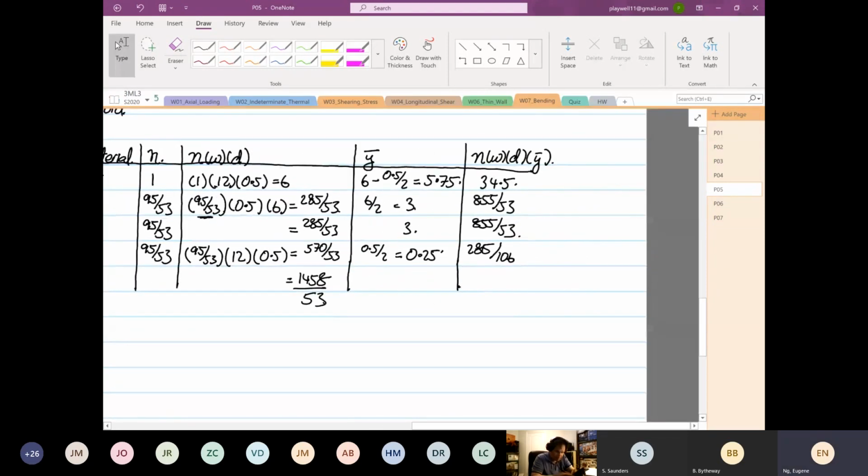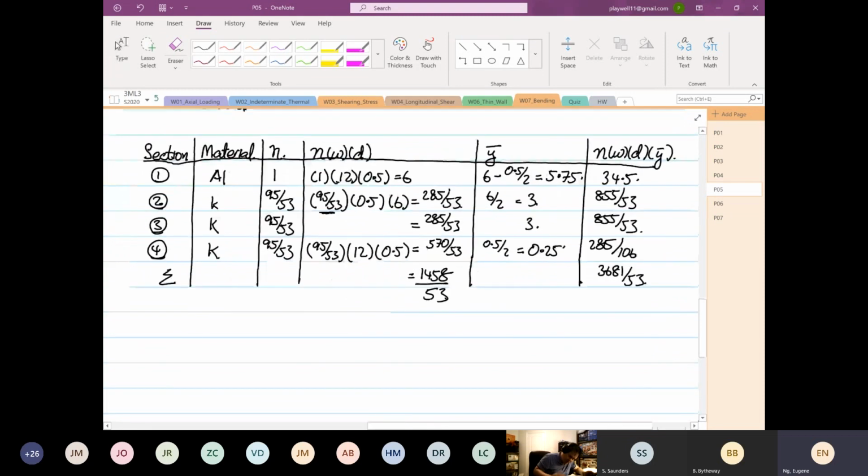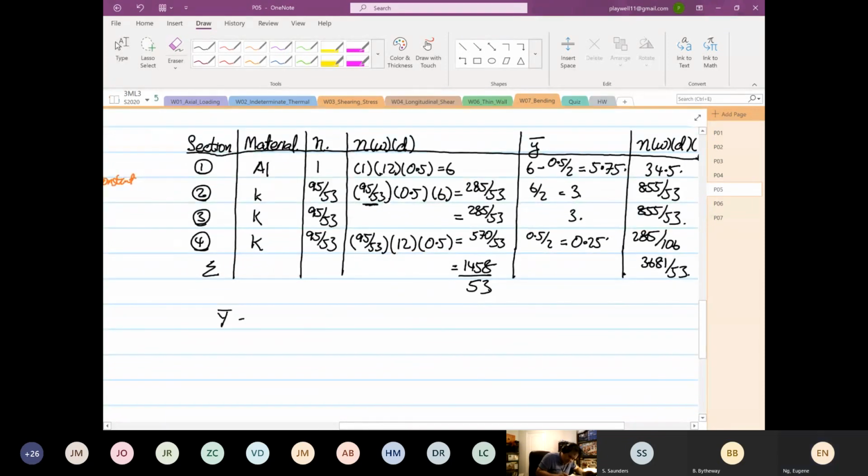And this will be equal to 34.5 plus 855 over 53 times 2 plus 285. So it's equal to 3681 over 53. So now your y bar will be equal to 3681 over 53 divided by 1458 over 53.